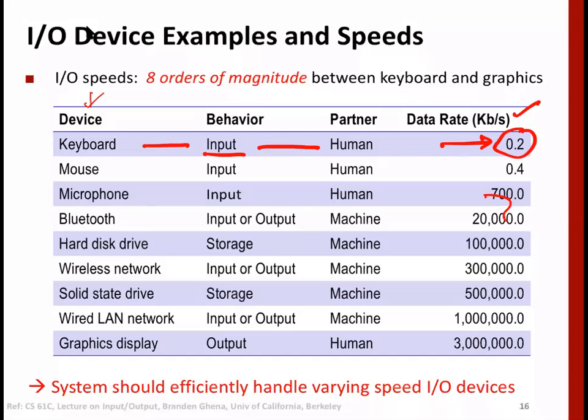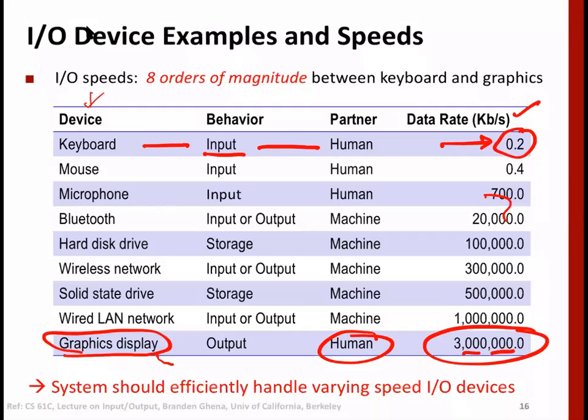On the other hand, we have graphics display with high HD. Again, it's used by me, but the speed could be 8 orders of magnitude higher. Whatever this is in kilobits, this becomes megabits, gigabits, almost 3 plus gigabits per second. So this is the variance between the speeds at which an output or input can come.